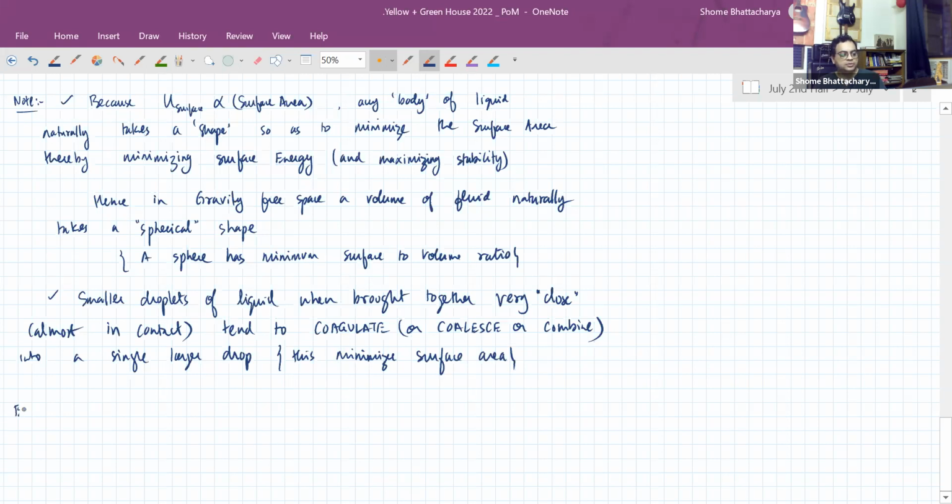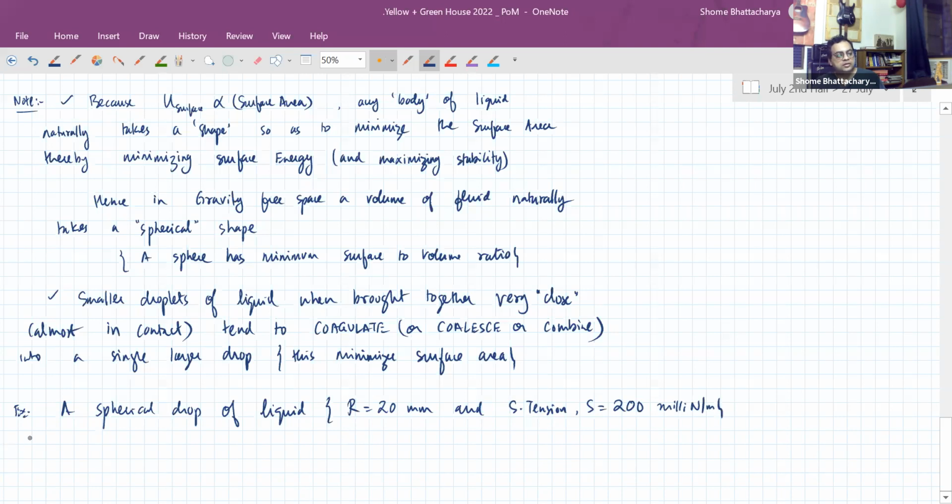So now let's come to our numerical example problem. A spherical drop of liquid of radius, let's say, 20 millimeters, and surface tension 200 millinewtons per meter, is split up into 1000 smaller identical spherical drops.